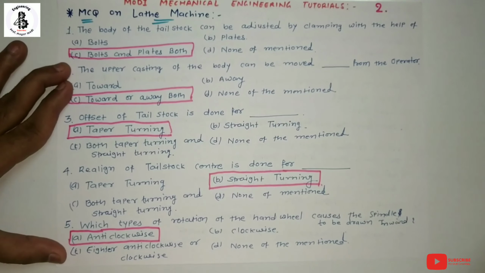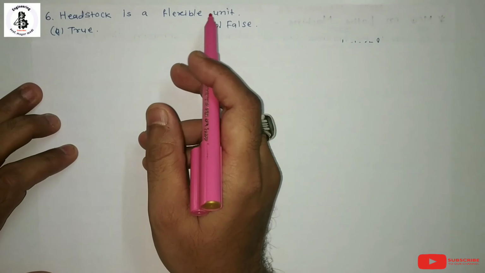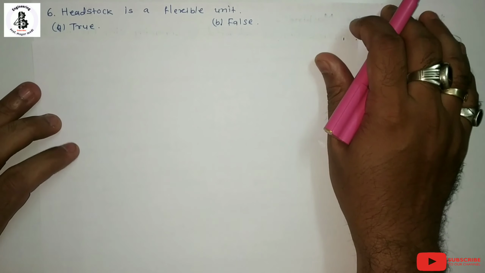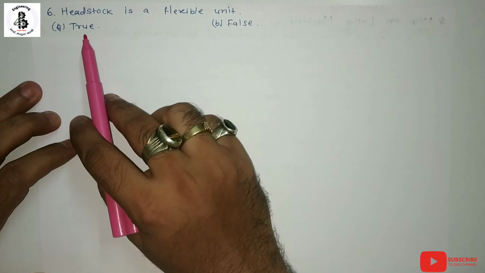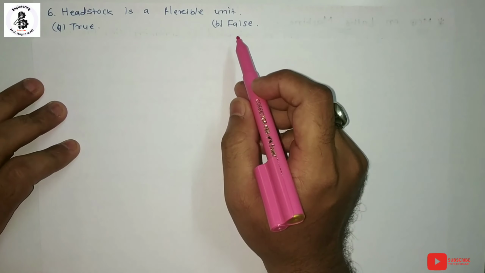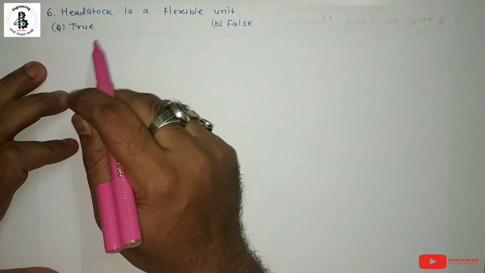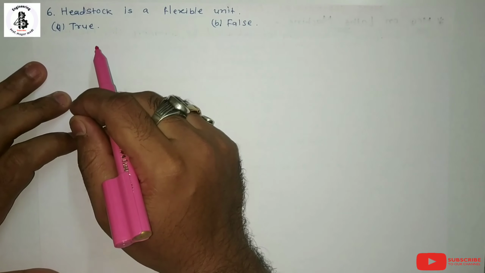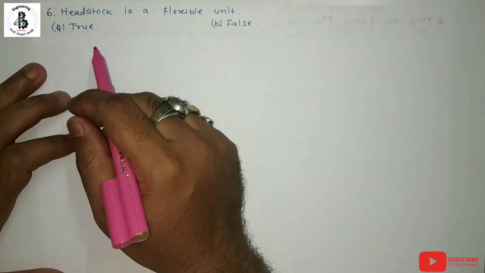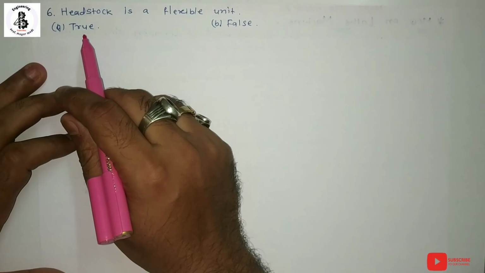Then next question. Headstock is a flexible unit. Option A, true. Option B, false. Basically, as from the discussion on the construction of lathe machines, if you want to learn in detail, you will find a link in my description for construction and working of lathe machines.